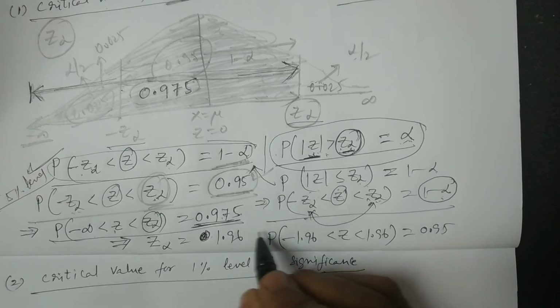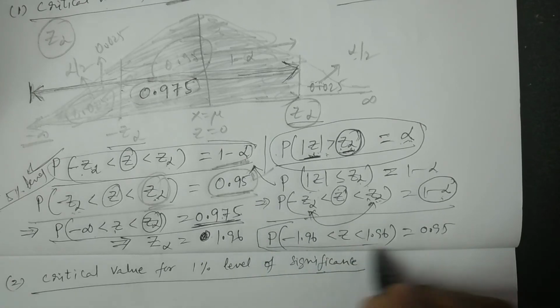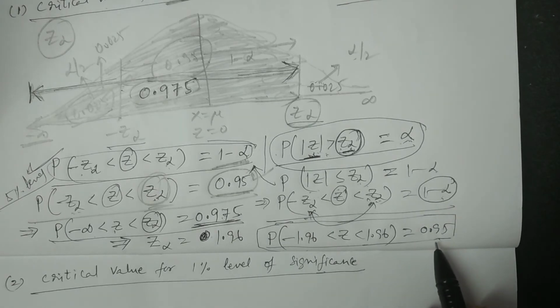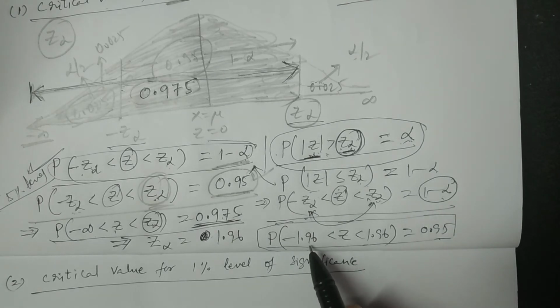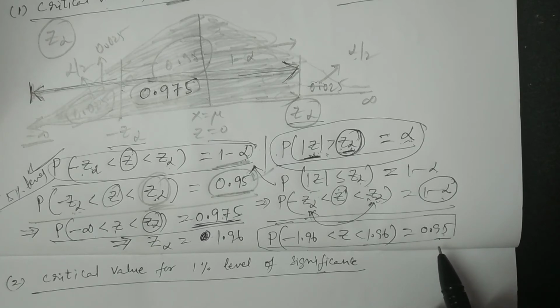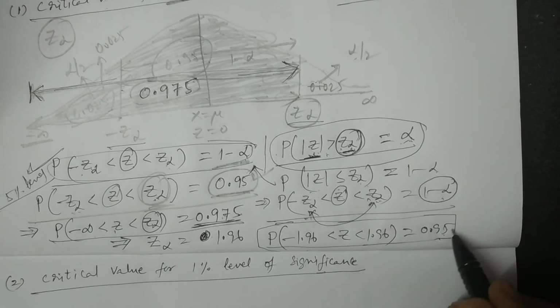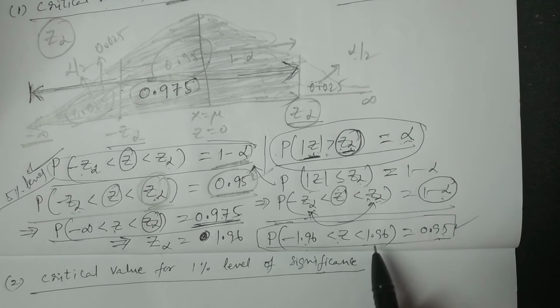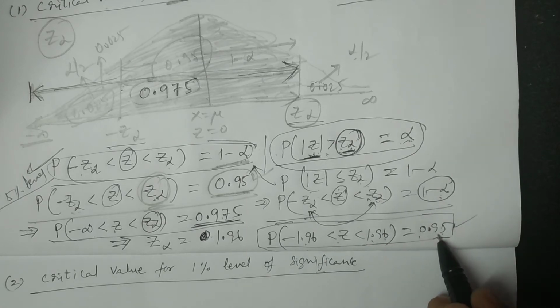Have you understood now? These are the 95% confidence limits, the significant value for the 95% confidence coefficient, used to calculate 95% confidence intervals. This is the base: probability of minus 1.96 less than Z less than 1.96 is equal to 0.95.